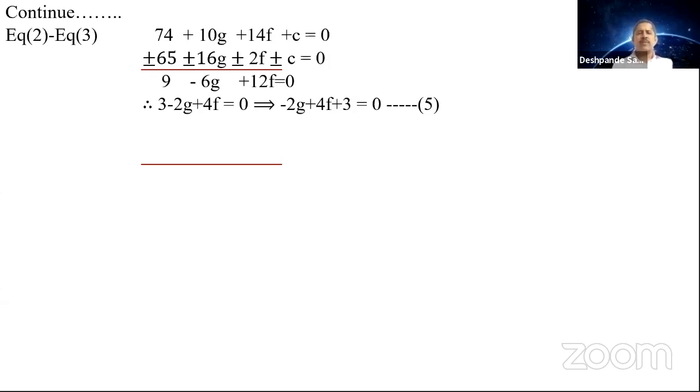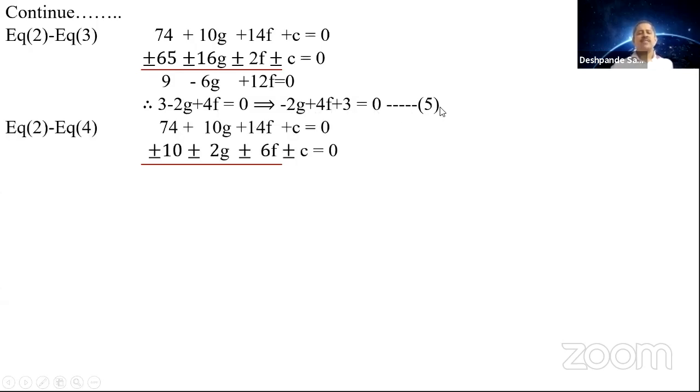Minus you got because 10 minus 16 you are doing. So you see that in all three values, 3 is common. So take 3 common, right? 3 minus 2g plus 4f is equal to 0. So what is it you do? First of all, you write the g term, then the f term, then the constant term. So minus 2g plus 4f plus 3 is equal to 0.